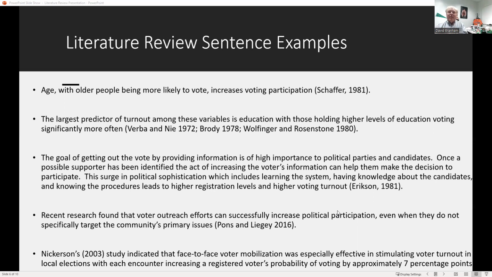And if you mention the author's name in the middle of the sentence, like the last example, Nickerson's, then I put the year in parentheses. You can do that. You can mention the author's name and then put the year in parentheses to indicate that that is a citation.